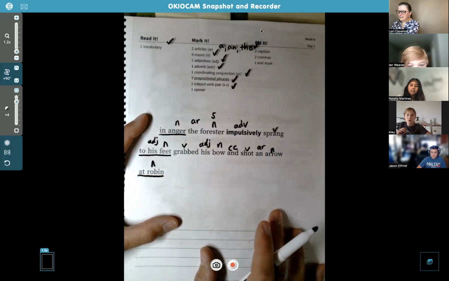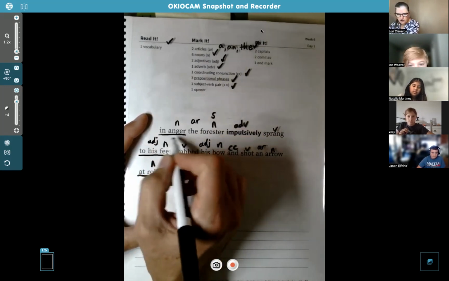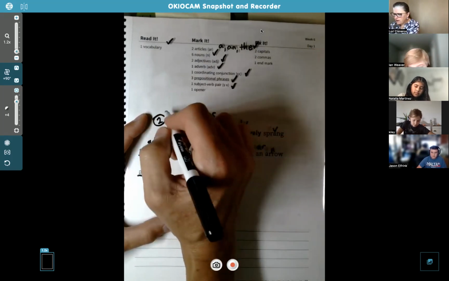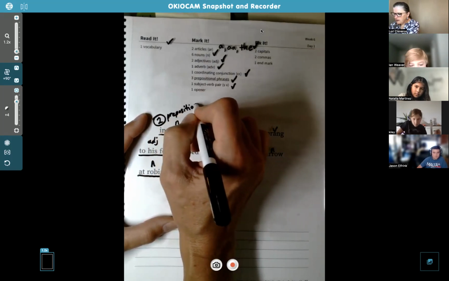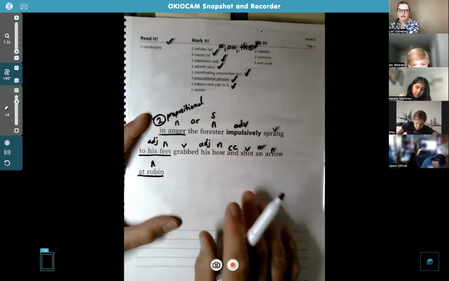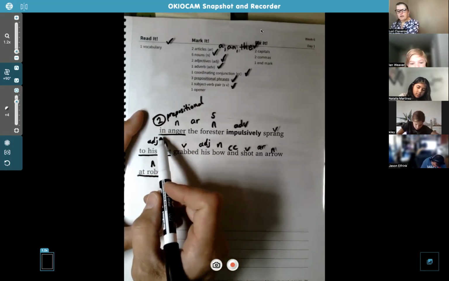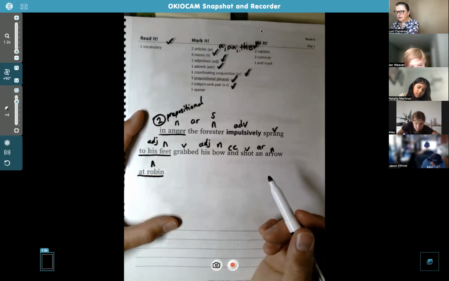A prepositional. Yes, and that's a number 2. Good, because it is a prepositional phrase right here. So what you're going to do is put a 2 with a circle and then put prepositional. And you can write it at an angle like that. That's fine. But that's the opener. It's a number 2 prepositional opener. Good.